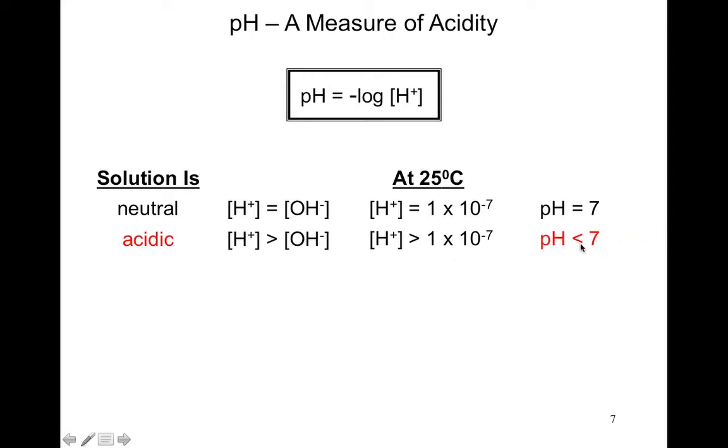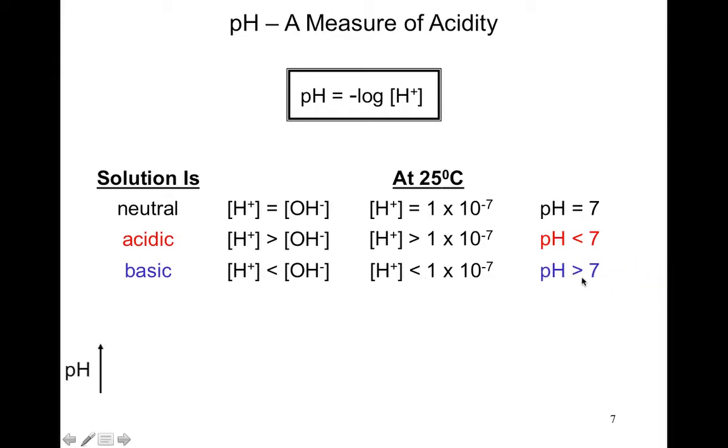And our pH will be smaller than 7. If we're basic, we'll flip these. We have more hydroxide. Our hydrogen ion concentration is smaller than half. And so our pH is greater than 7. So as pH goes up, hydrogen concentration goes down. That's an important thing to understand.